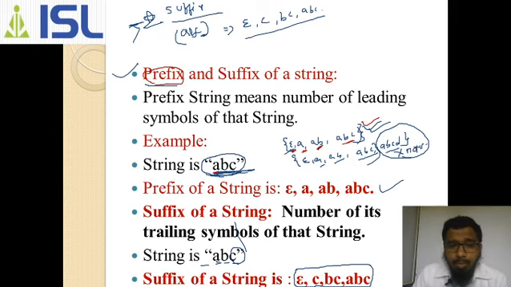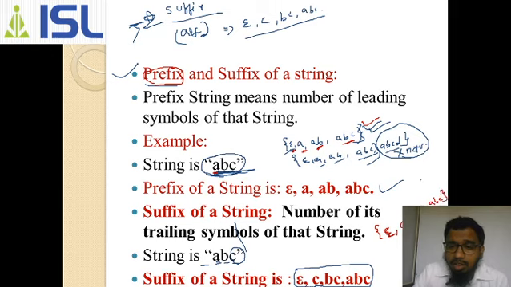In the same way, what is a suffix? The suffixes of the string ABC are: epsilon, then at the right side the first letter from the right is C, then BC, then ABC.